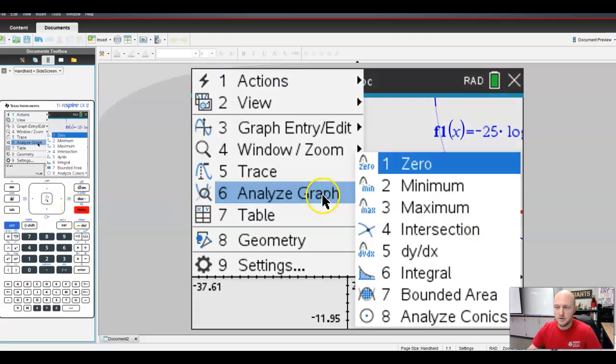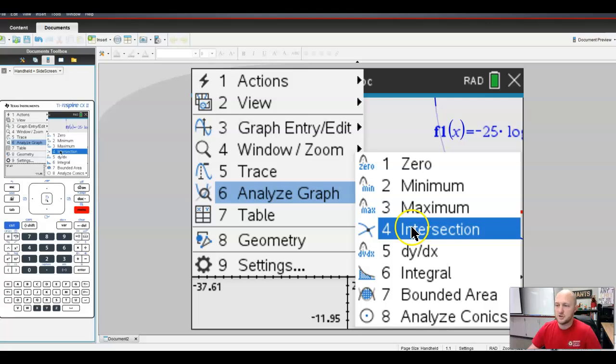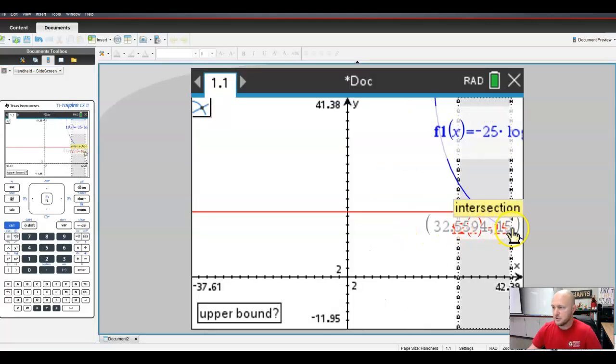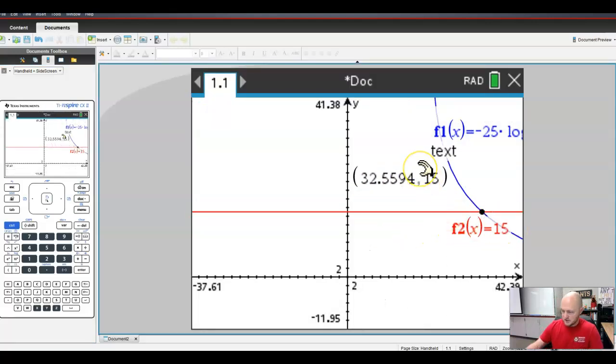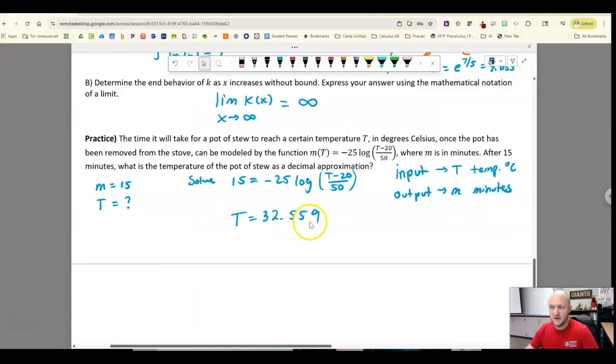So menu, analyze, and we want intersection. So that's how I find where these two touch, which that answer is going to be 32.559. And there you have it, folks. That will be the temperature in Celsius, 32.559 degrees Celsius.